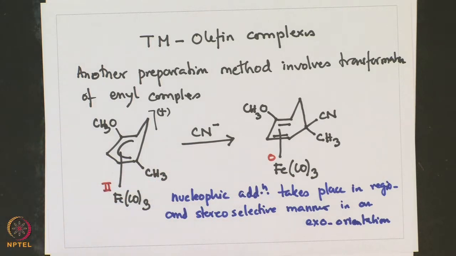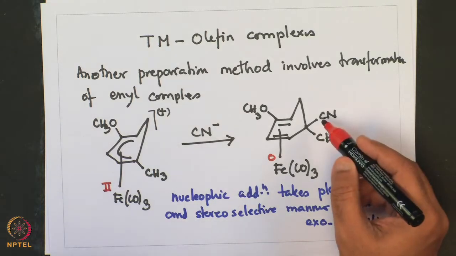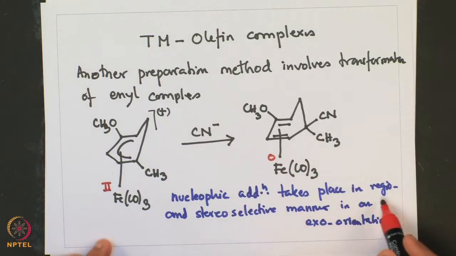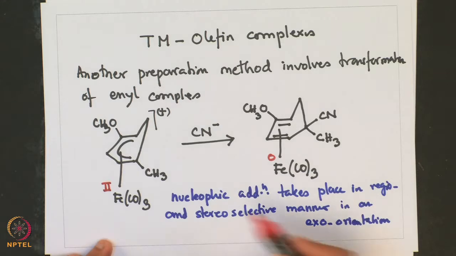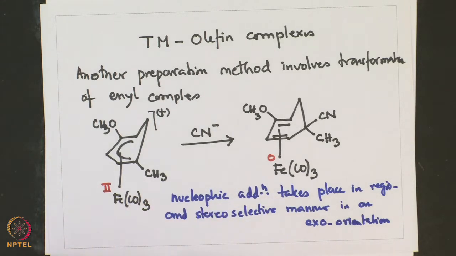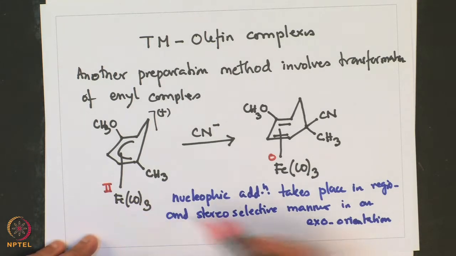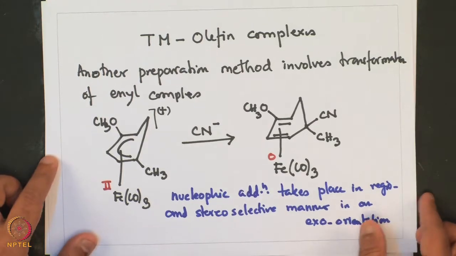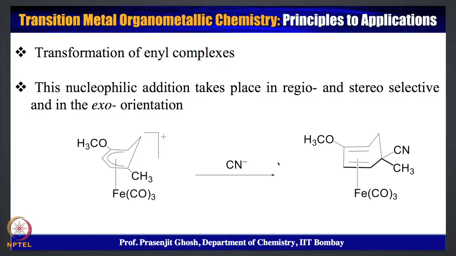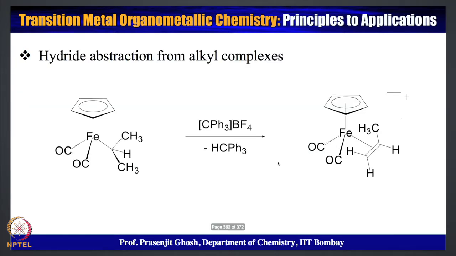So, because of this regio- and stereoselective nucleophilic attack, the iron has been reduced from plus 2 to an iron 0 olefinic complex, as shown here. So, this is an interesting reaction whereby a metal olefin complex is obtained by nucleophilic attack of cyanide, and falls among the unusual ways of obtaining such complexes.